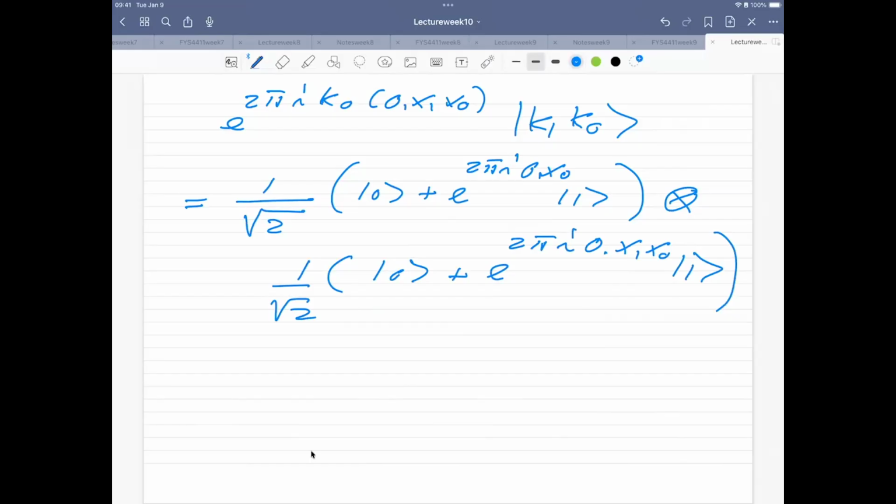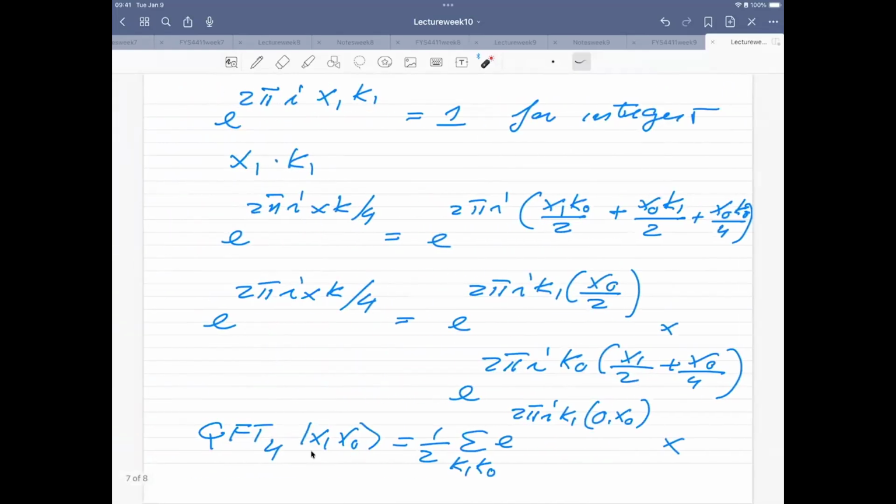Now pay attention to one thing here. If you look at these expressions which we are putting up, here we have K0, which is the least significant qubit. But now we have the most significant here and the least significant here. In the previous equation, we have the least significant K1, if you're thinking of that as the least significant. But no, this is the most significant, sorry, and this is the least significant.